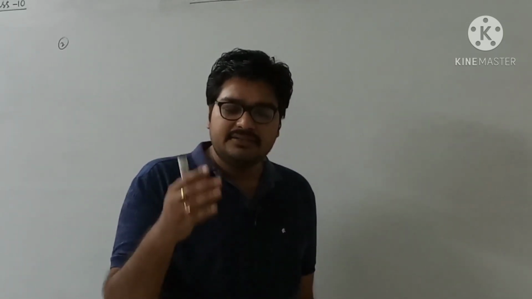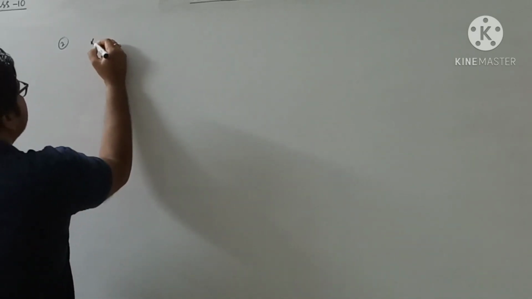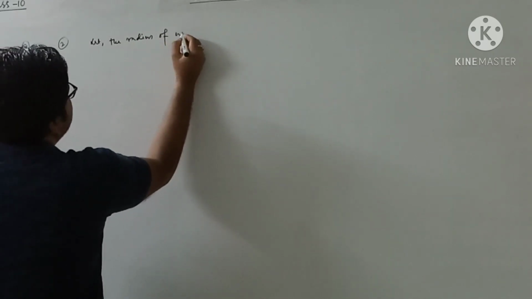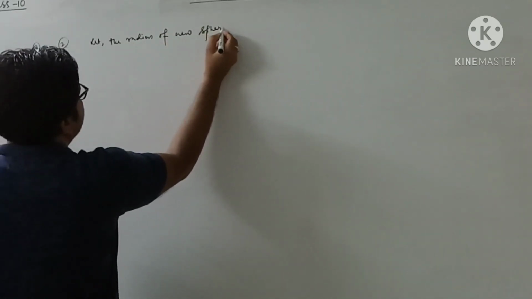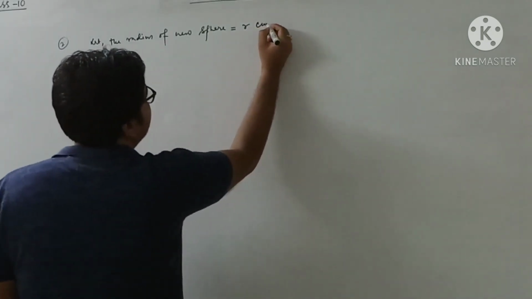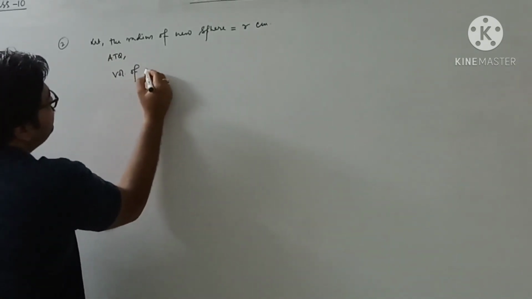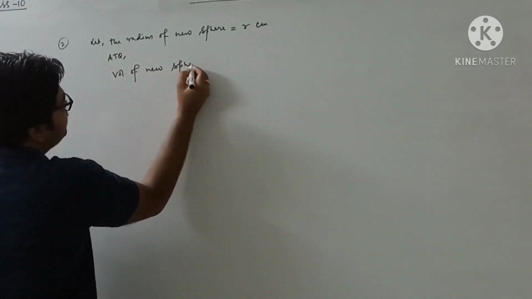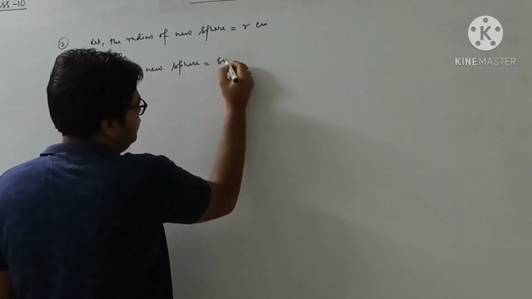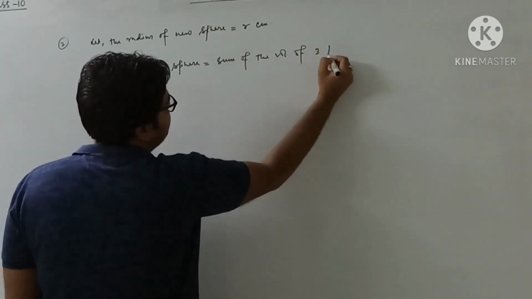So the radius of the new sphere we are taking as r. So let the radius of the new sphere equal r. What is the unit? Centimeter. Now according to the question, volume of the new sphere equal to the sum of the volumes of the 3 spheres.